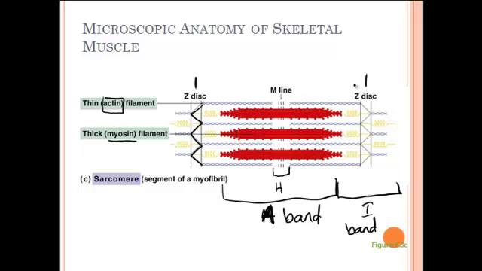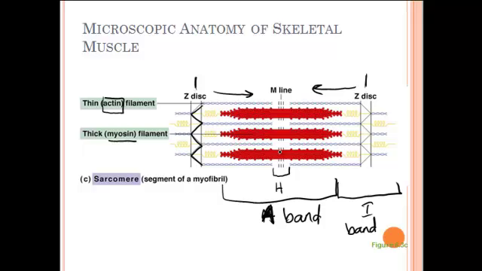What's going to happen here when contraction happens, these actin filaments are going to move closer to each other. So this H zone is going to decrease in size, and that's going to cause a shortening of the sarcomere. And as the sarcomere shortens, again, this adds up over the course of the whole muscle.